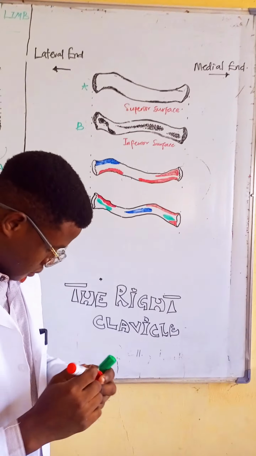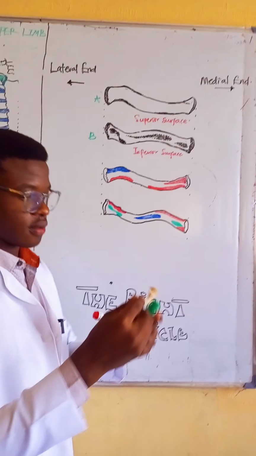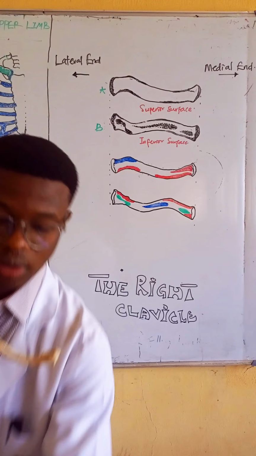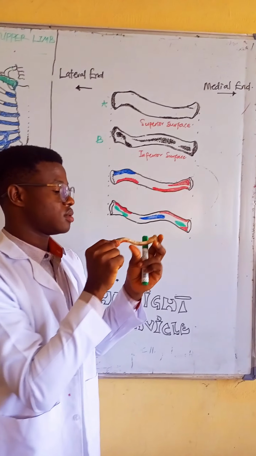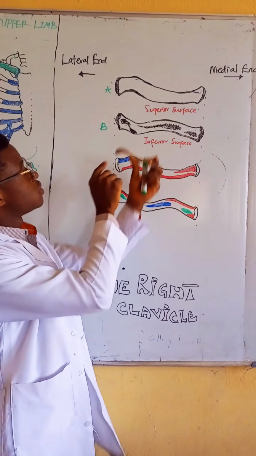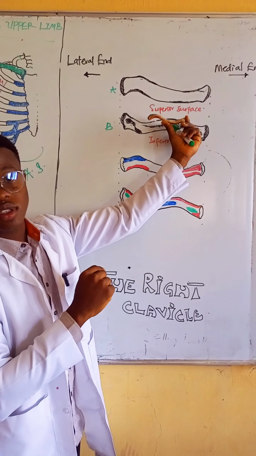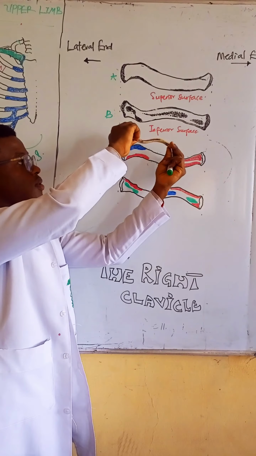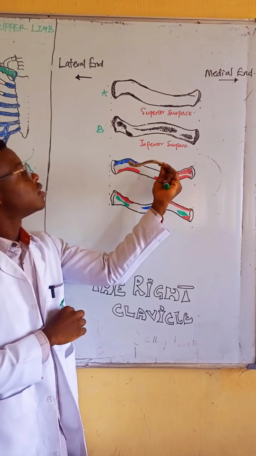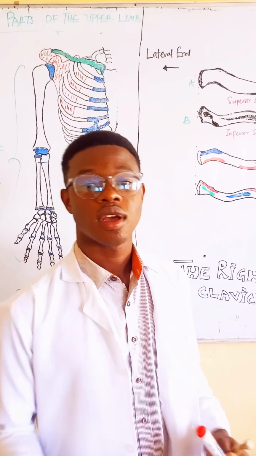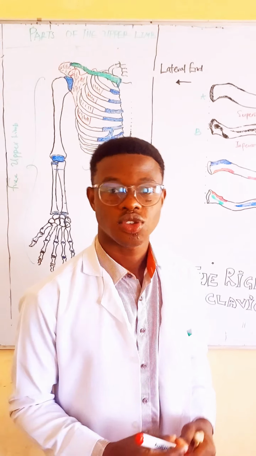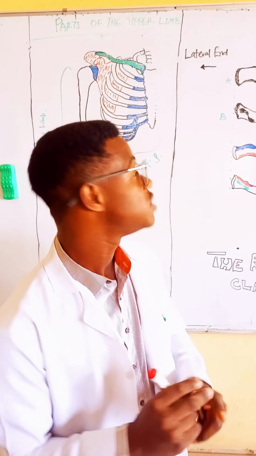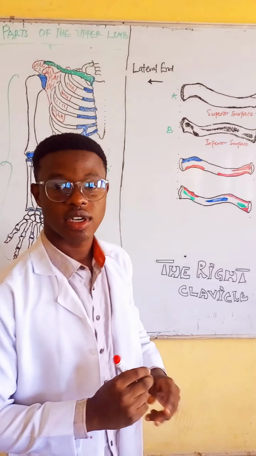So from our right clavicle down here, this is already the superior surface, and turning this the other way, this is our inferior surface. Yes, the anatomical terminologies.